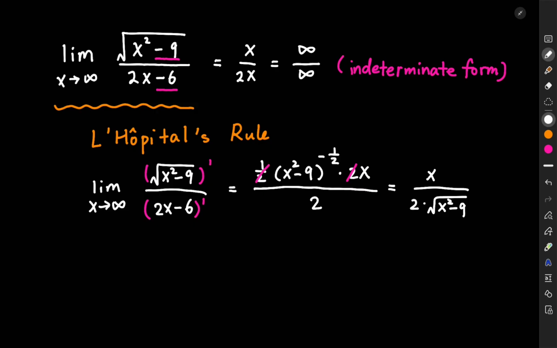And here let's divide both top and bottom by x. We would get 1 over 2 times the square root of 1 minus 9 divided by x squared.